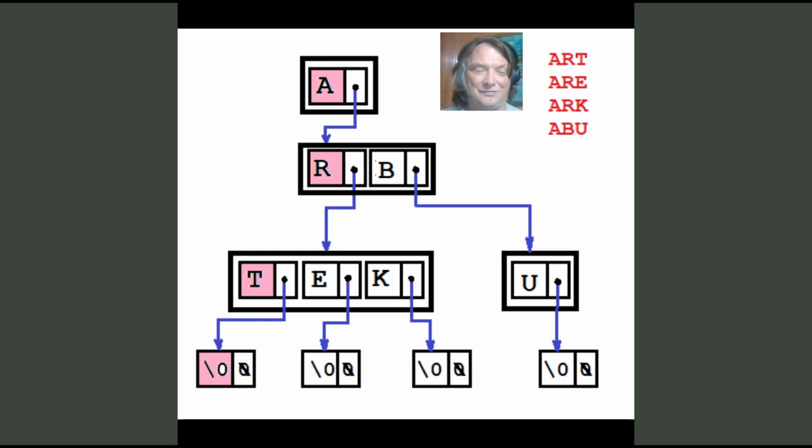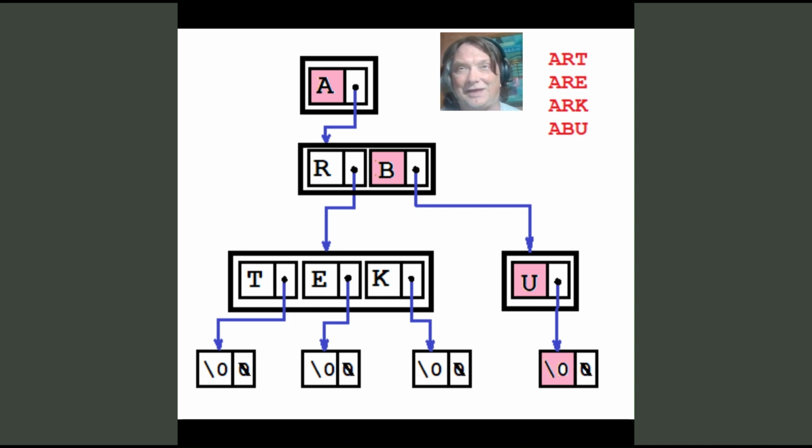So that's put into the structure. Then your next one, A, R, E, null character is also in the structure. Your next word, A, R, K, null character. And then A, B, U, null character.